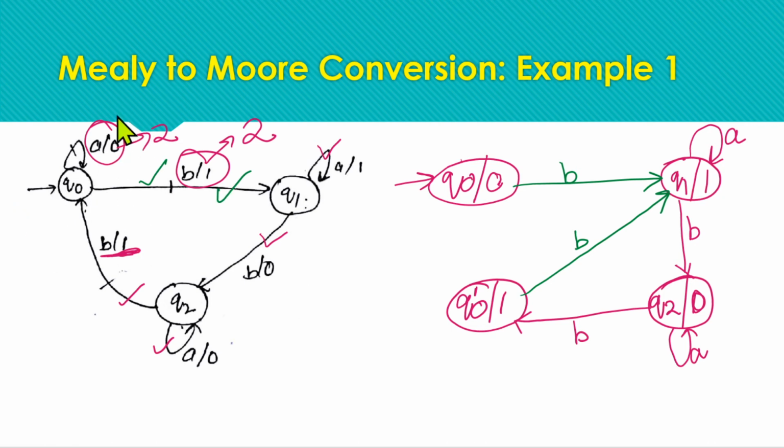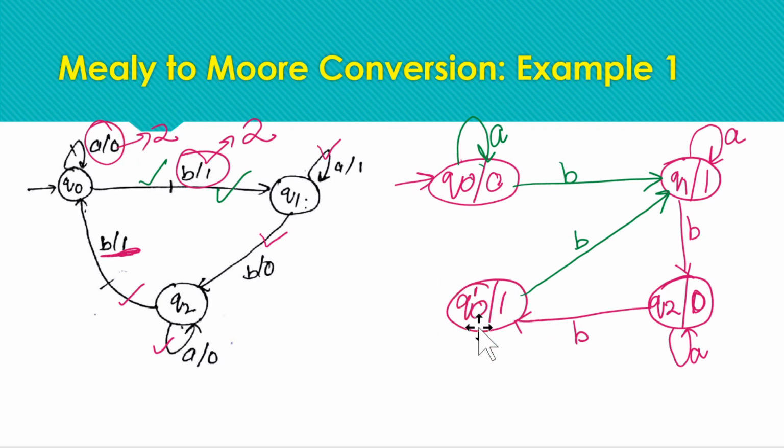Now we are left with only one transition, that is the self loop of A at Q0. So just draw this transition in the Moore machine. From Q0 we are moving to Q0 as we have a self loop with output 0. So Q0 with output 0 is this state, so we have a self loop of A where we have 0 corresponding to Q0.